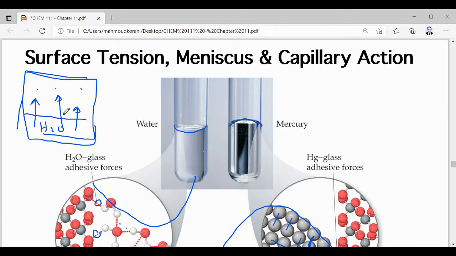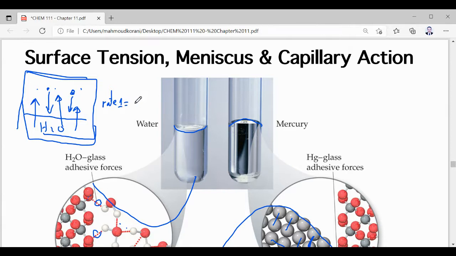With increasing time, this is the rate of vaporization. At some time, you will find some molecules of the vapor condense and return back to the liquid. Now you have two rates: the rate of vaporization and the rate of condensation. At a certain time, the two rates are equal.